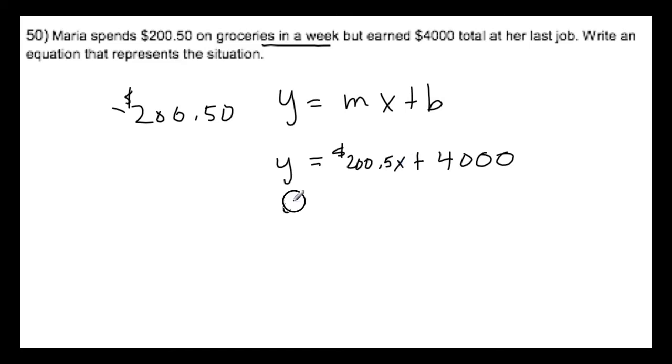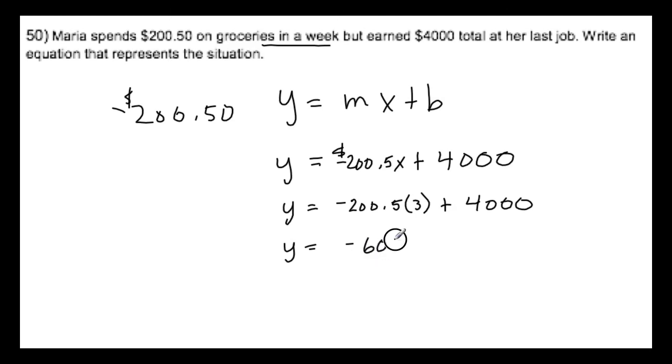If we said that she had 3 weeks worth of groceries, we would put 3 in for the X. She still didn't make any more money. She made $4,000. It doesn't tell us she made any more than that. Oh, that's negative, I'm sorry, and that would be negative, because remember, spending is a negative. So Y equals, in that case, $601.50.